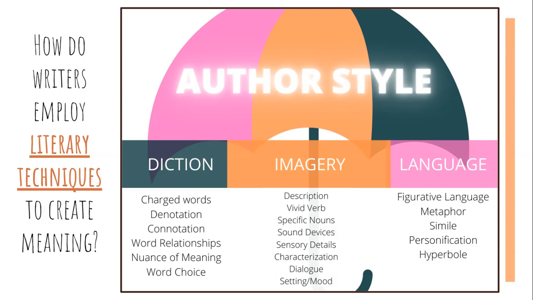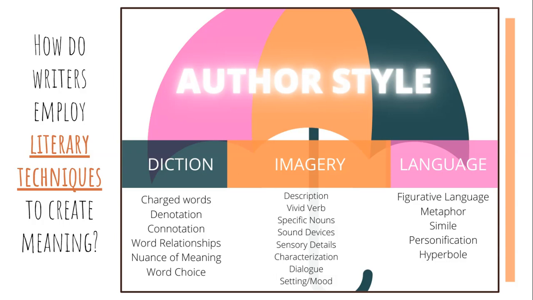And I'm arguing to you that these three big concepts, underneath them fall many of the literary techniques that authors have at their fingertips. And you guys are going to become writers, and you guys are going to be using very similar types of techniques to find your voice, to find your style as an author.